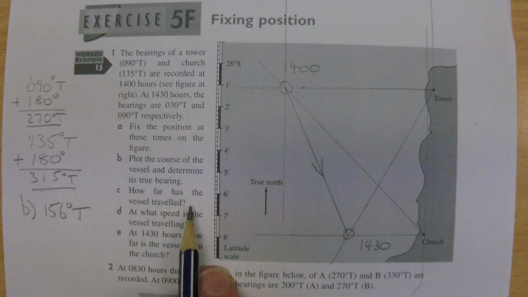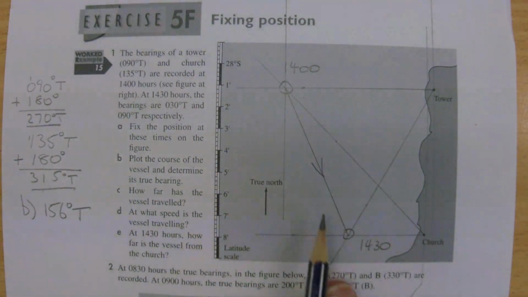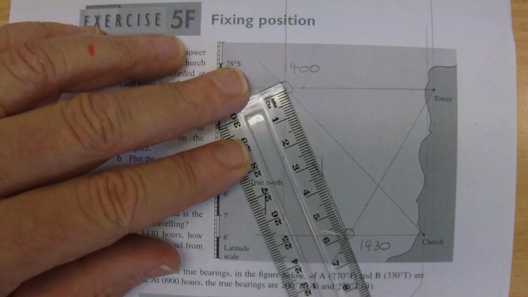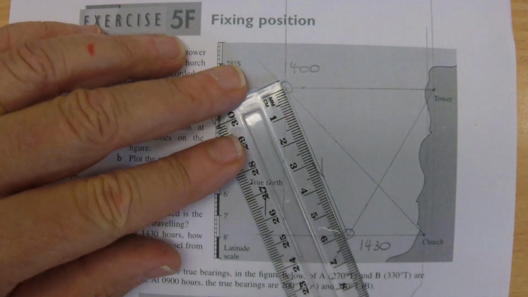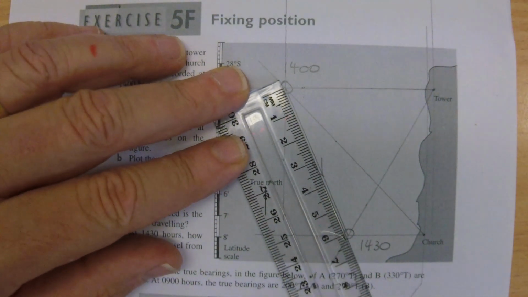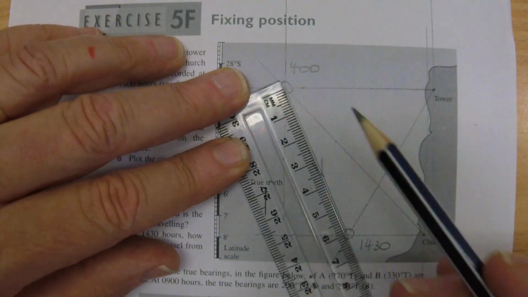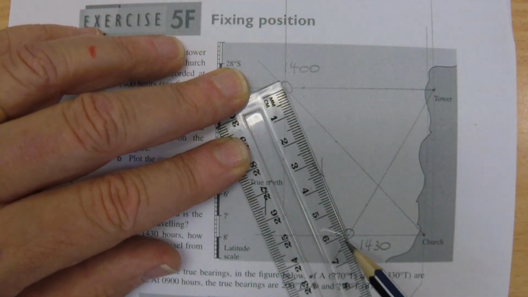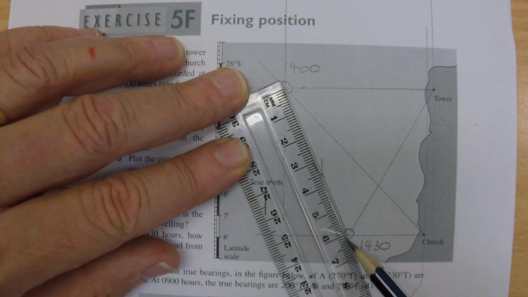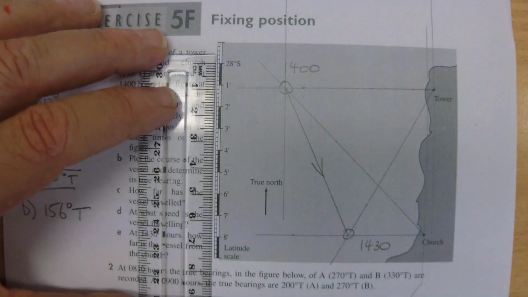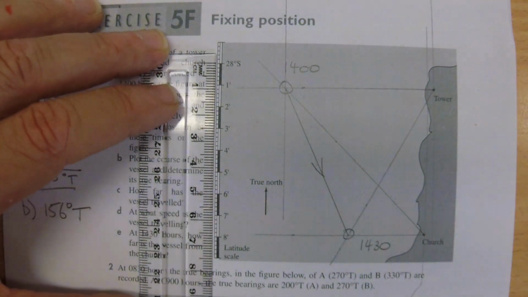Part C, how far has the vessel travelled? From here to here. There's a couple of ways you can do this. I could measure the distance with my ruler. Now, being as careful as I possibly can to line up the start and the end, it looks to be 61 millimetres. 61 millimetres is not really the unit I wanted to work with.